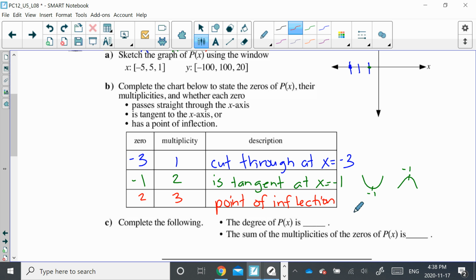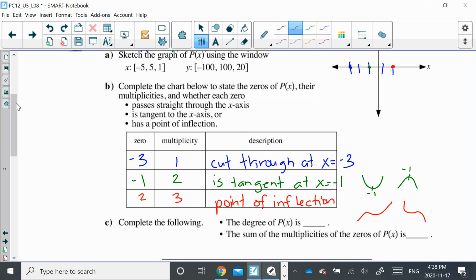What does a point of inflection look like? At 2, let's put in our x-intercept of 2. The graph is going to cut it and change concavity. So it's either going to look like this, or it's going to look like this.